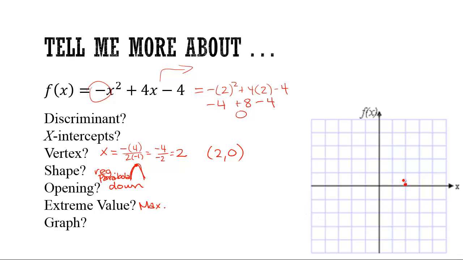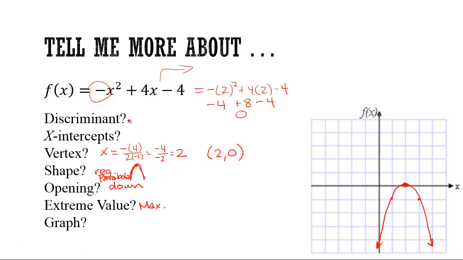So we know that, and for the graph, we know that it's going down, and there's nothing being factored out here, so it's just a regular parabola shape. Touching at one place.